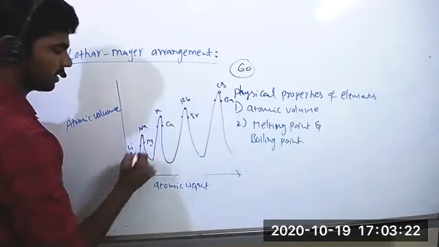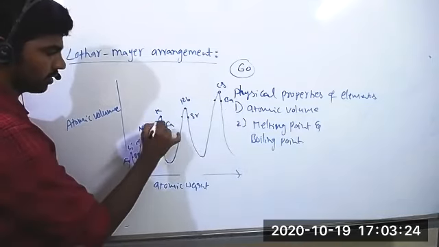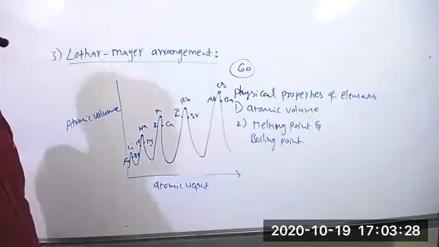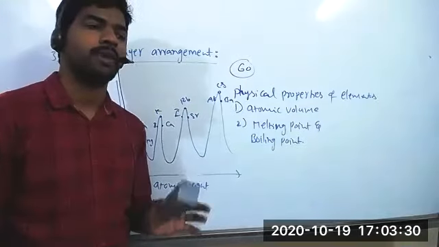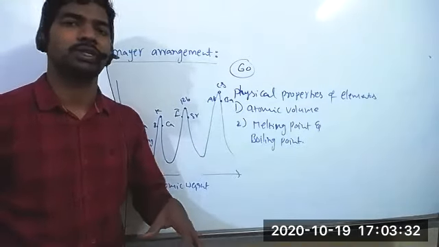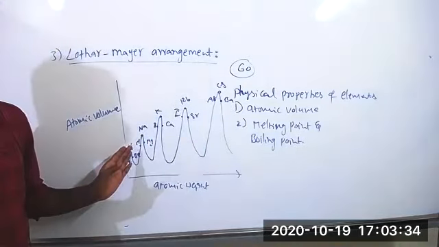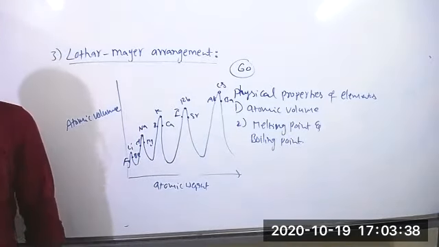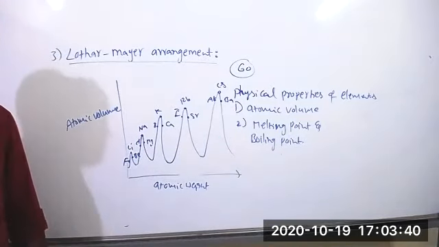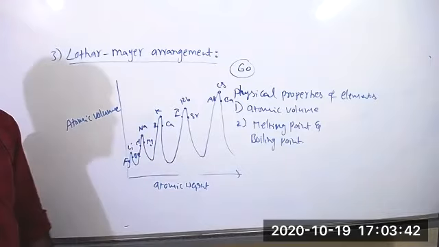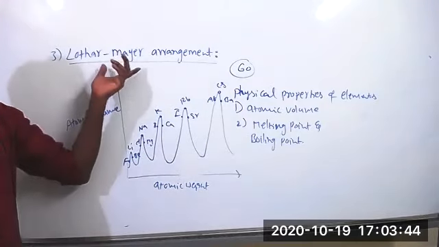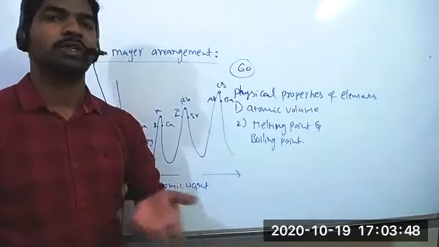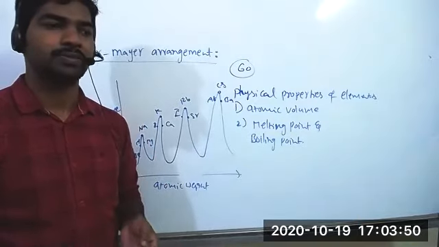These are halogens like fluorine, chlorine, bromine, iodine, astatine. So elements with similar properties occupy similar positions in the graph between atomic weight and atomic volume.